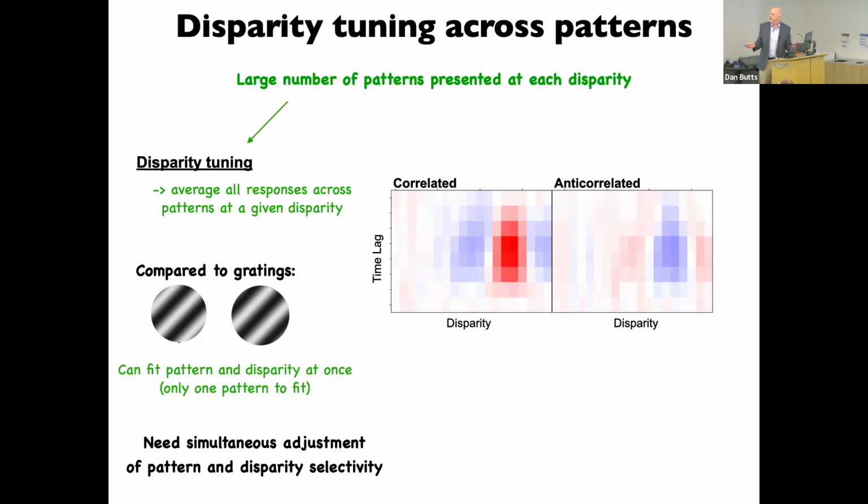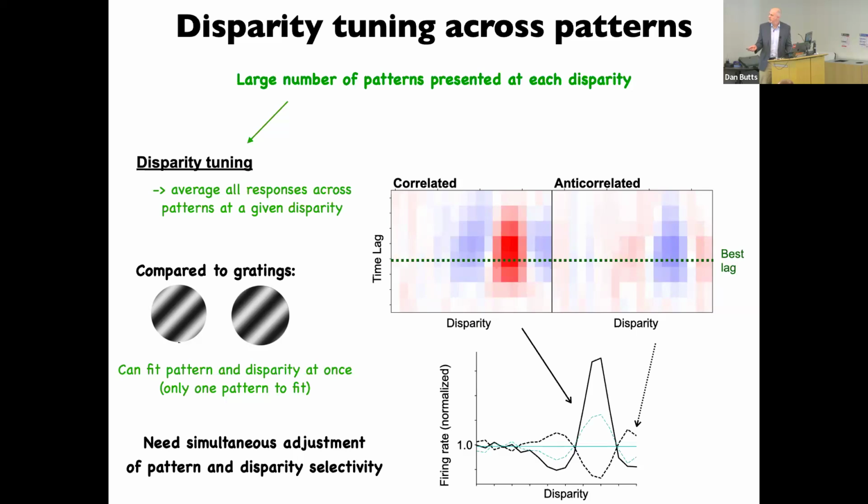In this sense, you can measure the same things you measure with gratings, but now by averaging the responses across all patterns. What this is showing is the response to the preferred disparity and the response to the anti-correlated disparity. And I've just inverted the response so you can see the degree of attenuation.